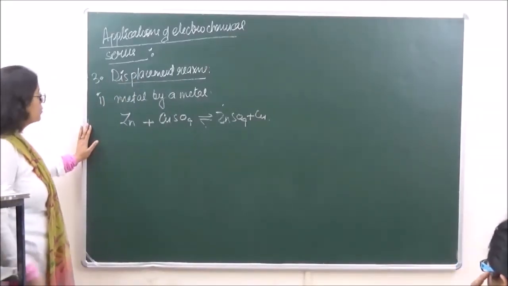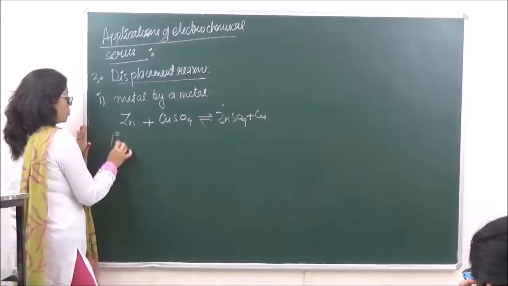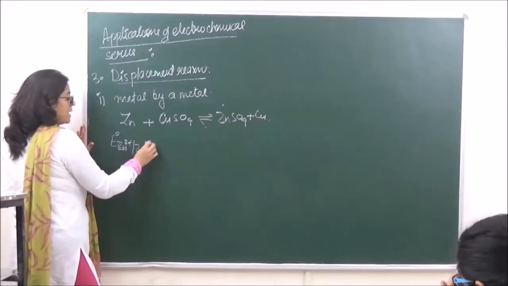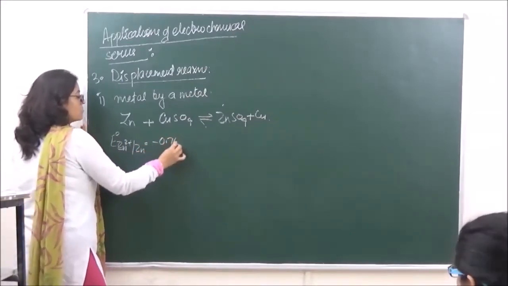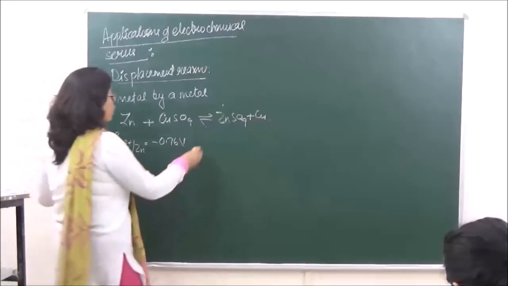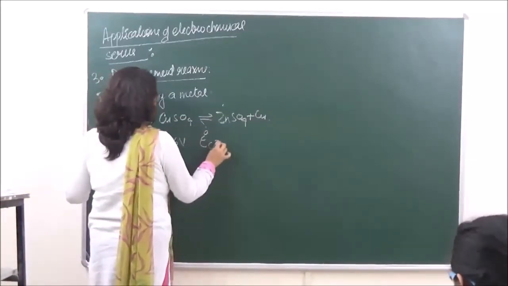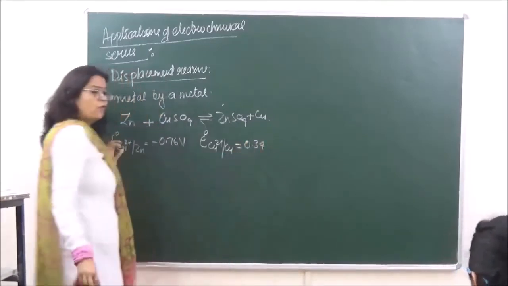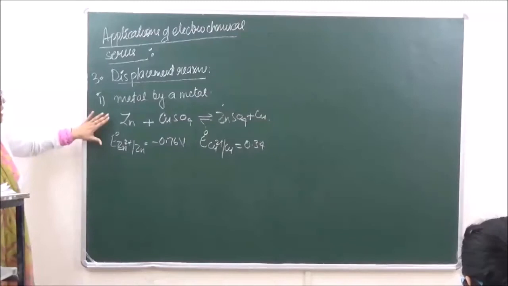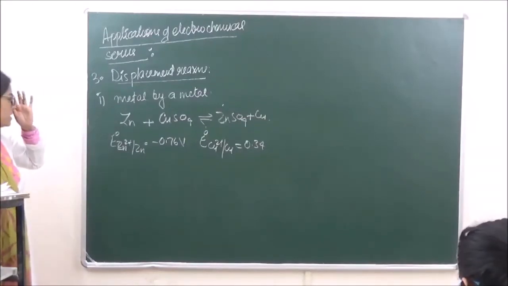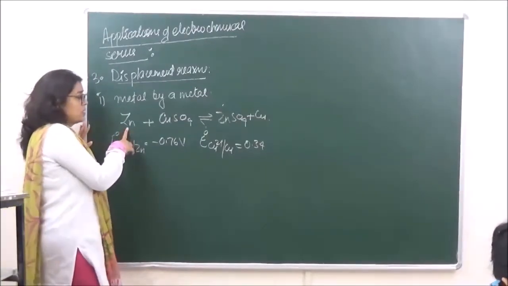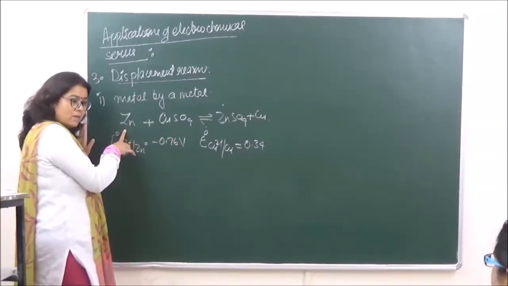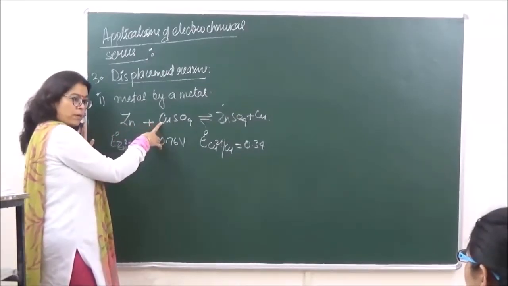Now in this we know that the E0 value of Zn2+ to Zn is equal to minus 0.76 volt, and that for copper is 0.34 volt. Now when we are correlating both these statements, we are looking at the reaction. The reaction says that copper is being displaced by zinc. Zinc is taking the place of copper over here.